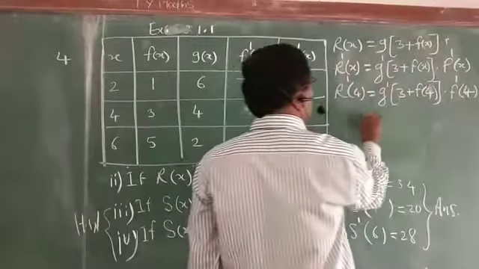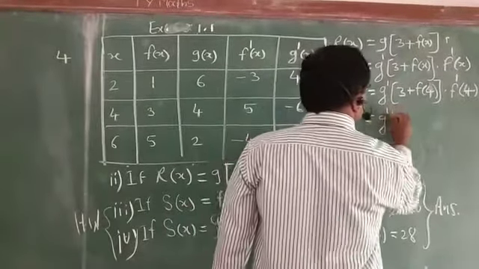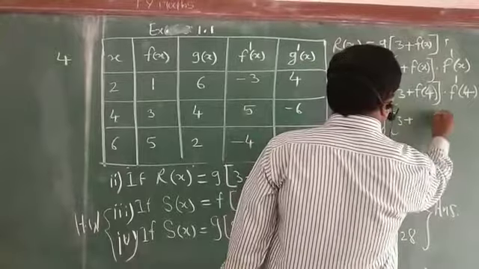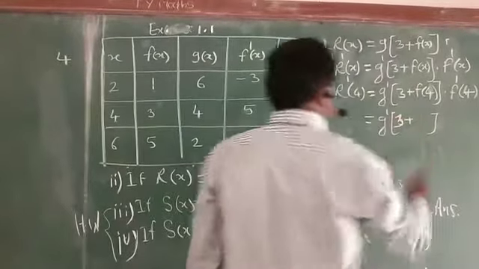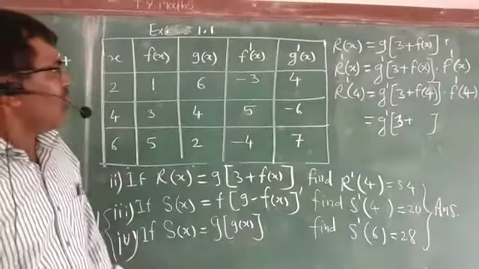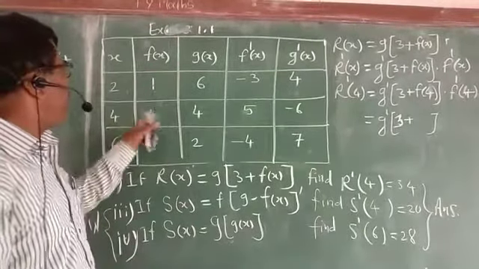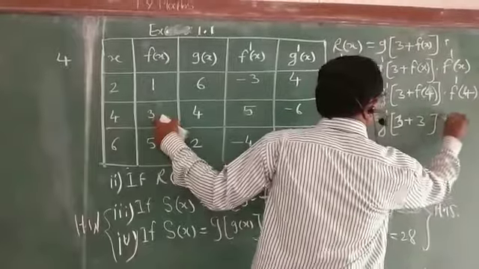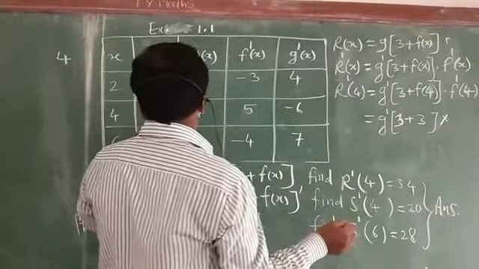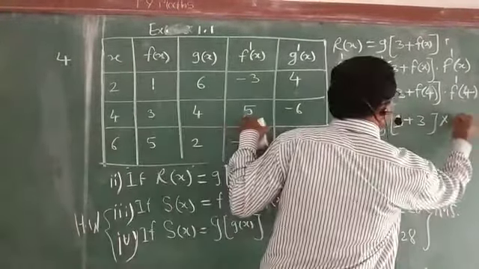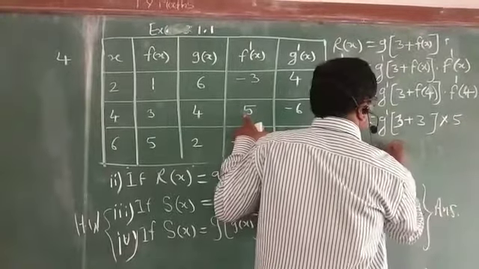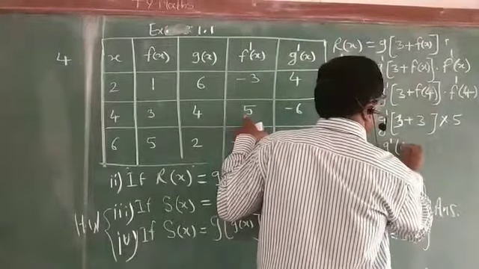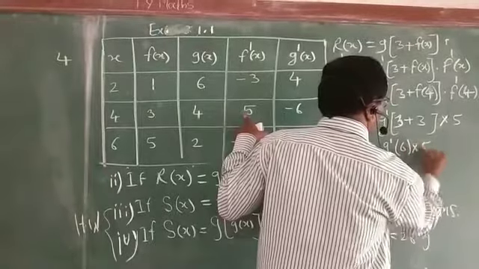What is f of 4? F of 4 equal to 3. What is f dash 4? F dash 4 equal to 5. That is equal to g dash 6 into 5.